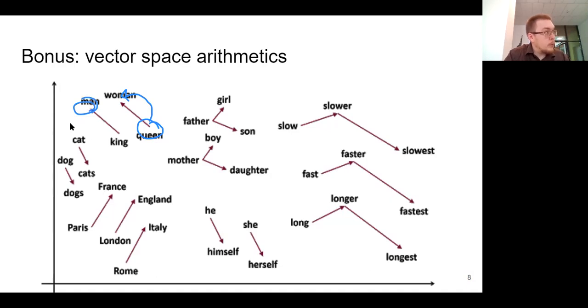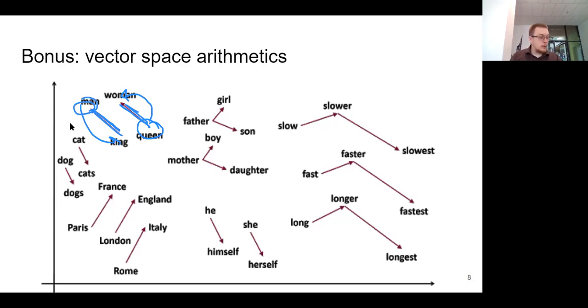So you subtract woman and you add man. The closest vector which you will obtain will be king. So it means that these two relations, queen and woman, and king and man, are almost the same vectors. They are very similar vectors here. And this is a semantic relation.